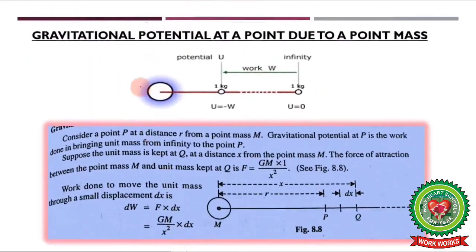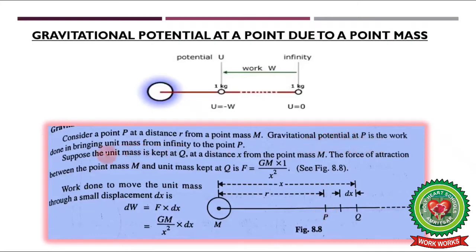Next, we are going to study gravitational potential at a point due to a point mass. Now we will derive the relation: what is the value of gravitational potential at a point due to a point mass. Consider a point P at a distance r from the point mass M. This is point mass M, and this is point P where you want to find the gravitational potential.